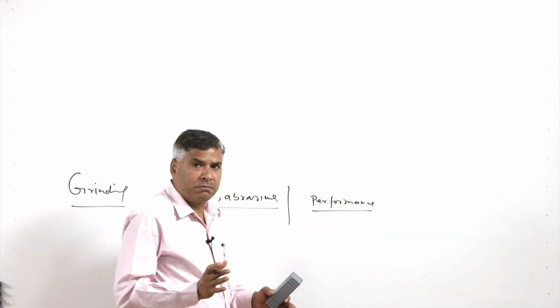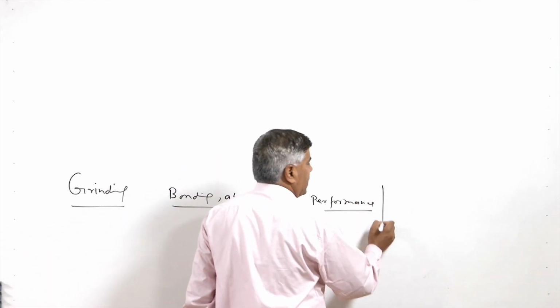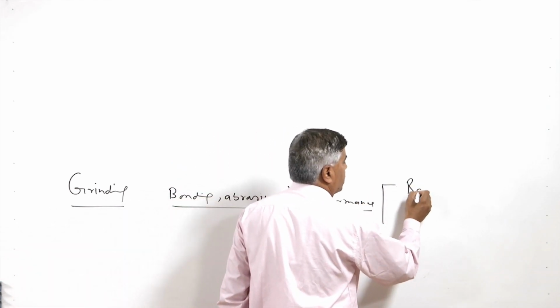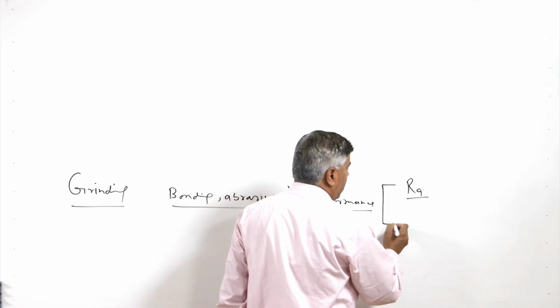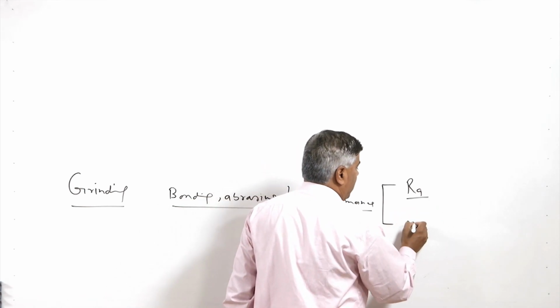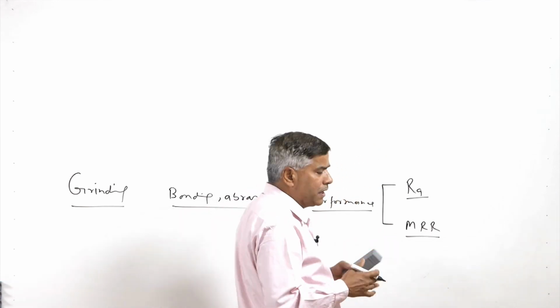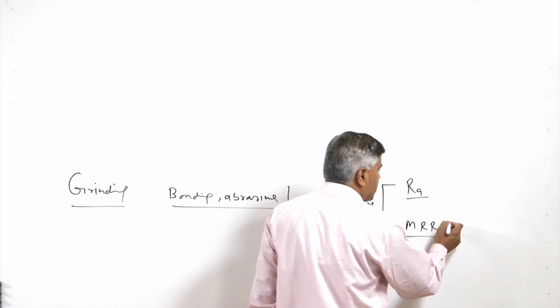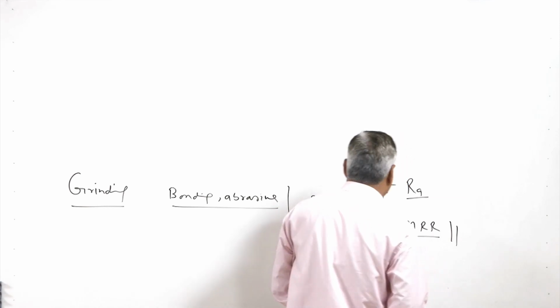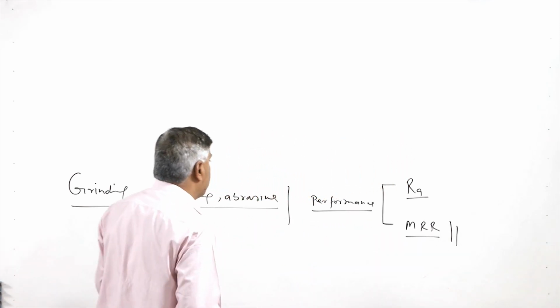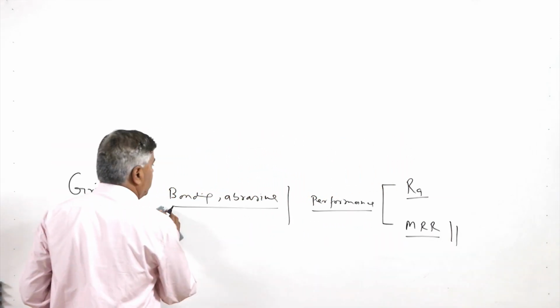The performance of the grinding process is mainly checked in terms of the kind of surface finish achieved, and the MRR or metal removal rate which is realized. It helps us see how fast the desired dimensions and surface finish can be achieved by removing a thin layer from the surface of the workpiece.